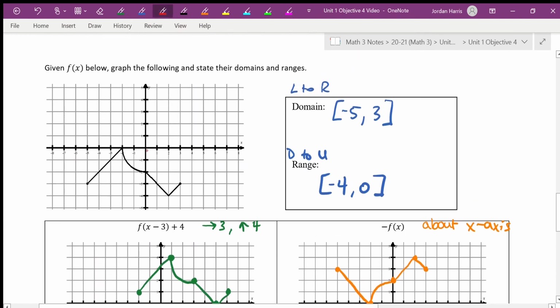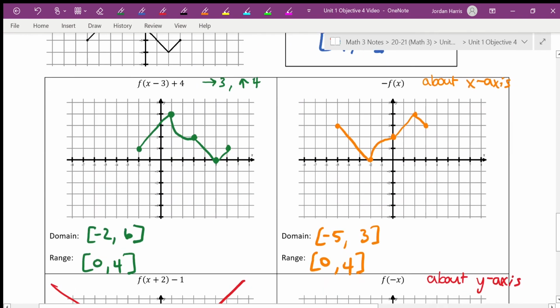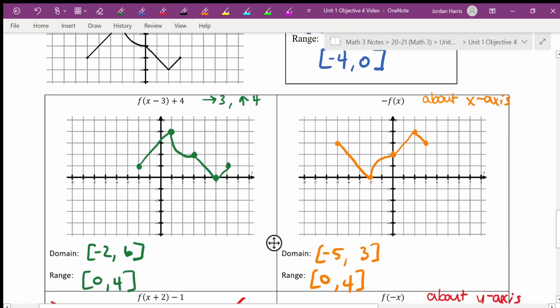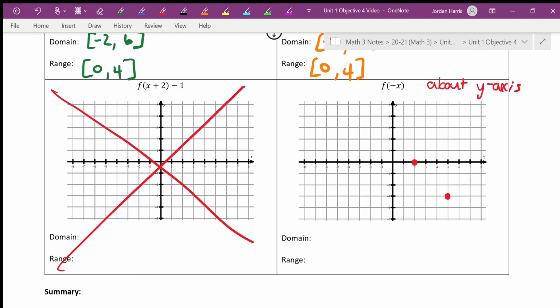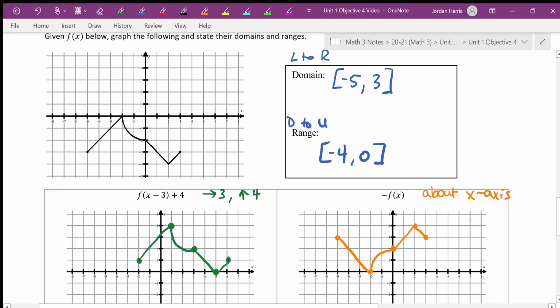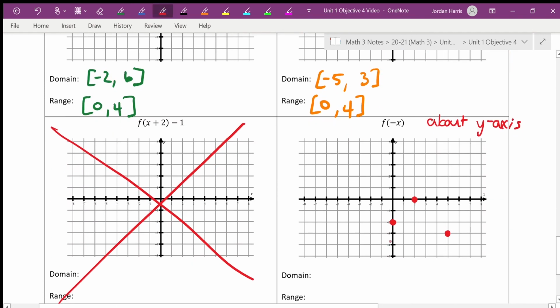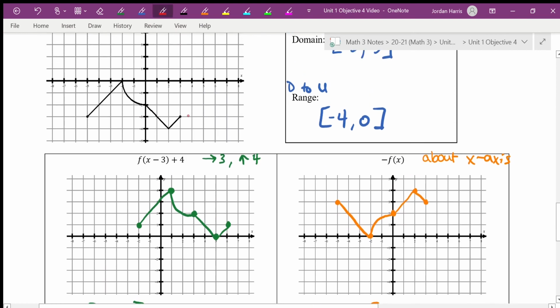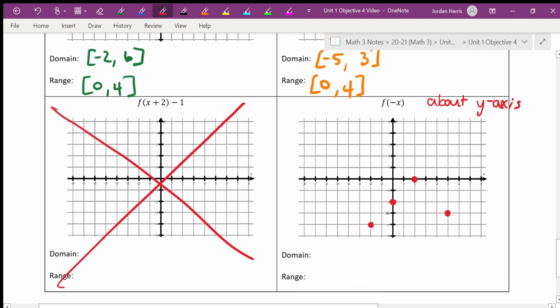Then I do 1, 2 left. 1, 2 right. That one stays because it's on the axis. And then I go 1, 2 right, meaning I'm 1, 2 left. And the last one is 1, 2, 3 right, so I'm going 1, 2, 3 left.